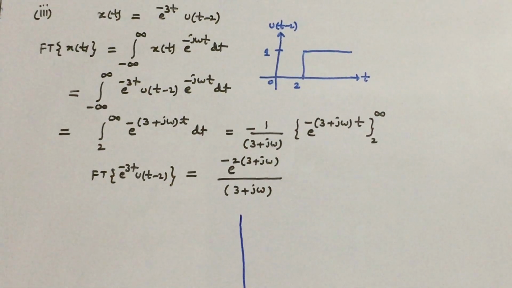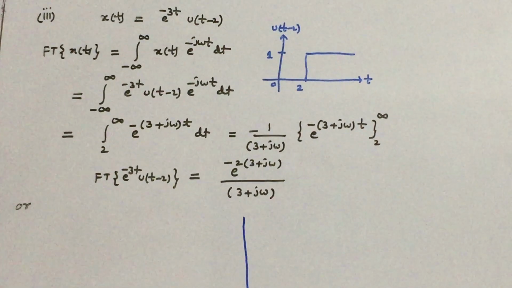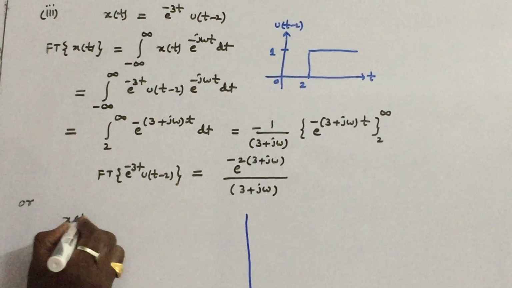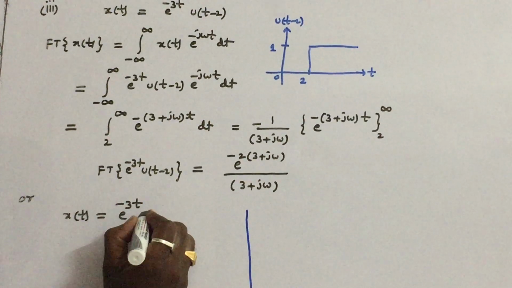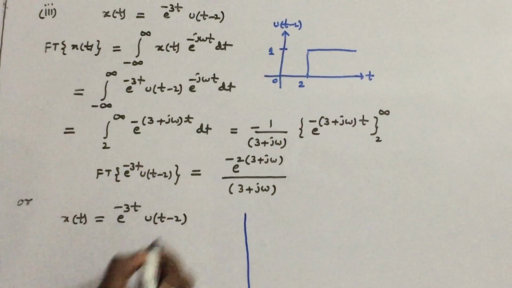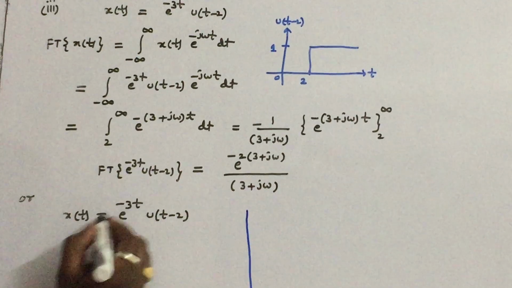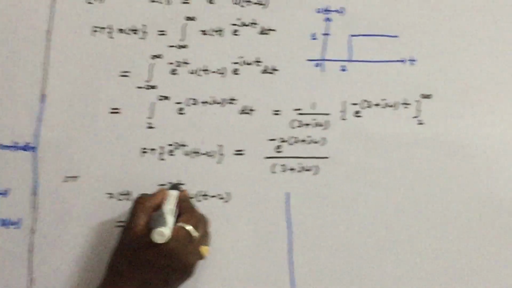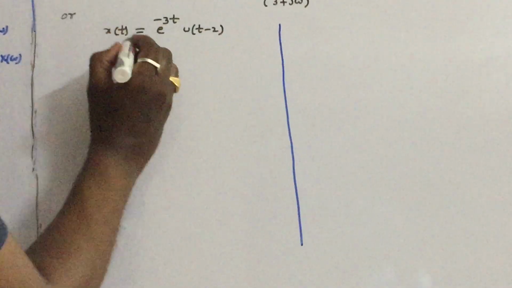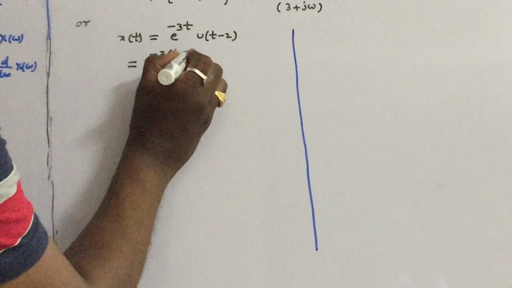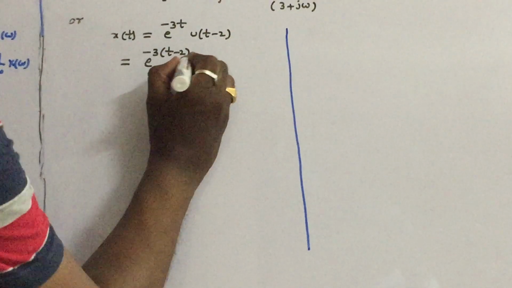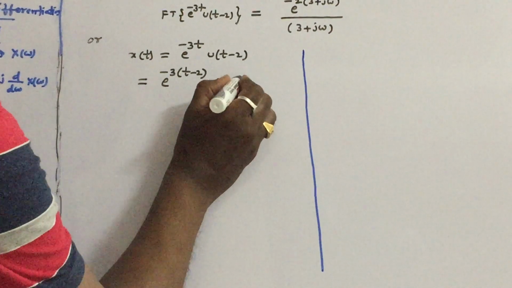From the same example, what is given? x of t is equal to e power minus 3t into u of t minus 2. To apply the time shifting property, wherever t is there, you have to keep t minus 2. Therefore, I am converting it into e power minus 3 into t minus 2, u of t minus 2.